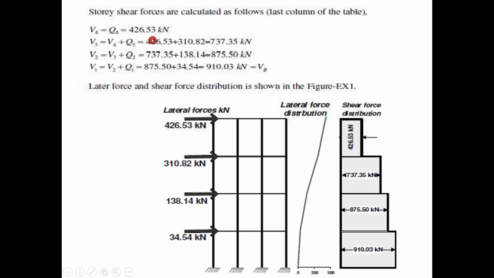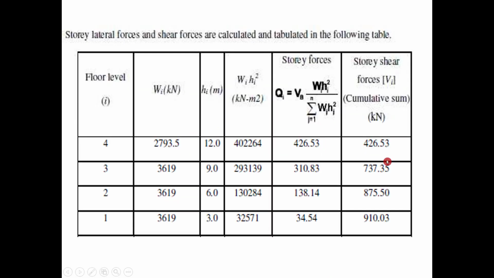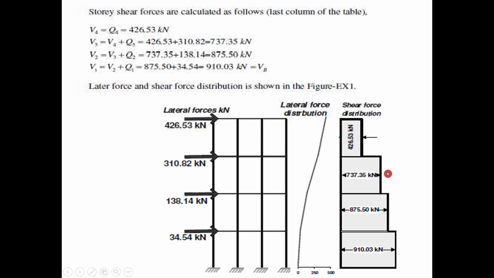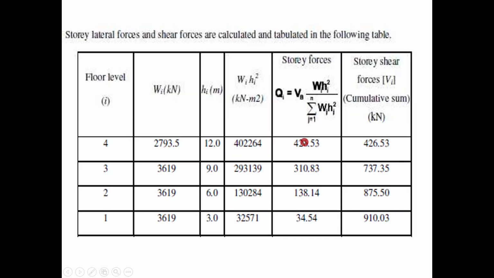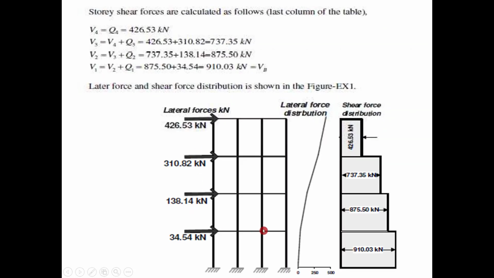So it's the diagrammatic explanation for the shear forces. And these are the pictorial representation of the lateral forces. 426, 737 are the story shears, and these are the forces, 426, 310, 138, as represented here.